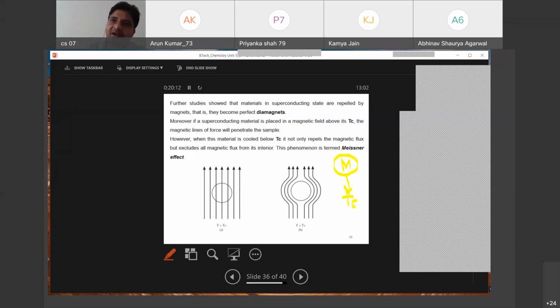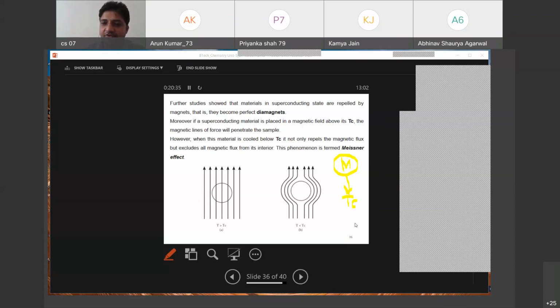So hypothetically, let us assume that the critical temperature of this metal M is, suppose, 10 degrees. So above 10 degrees it is behaving like a simple metal, and below 10 degrees it will behave like a superconductor.